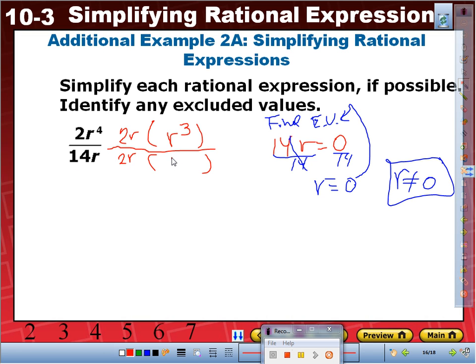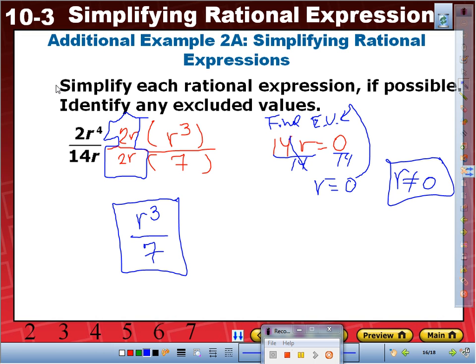What's left here? 7. Once we identify our GCF, we can divide out the GCF. Why can we divide it? Because this over that becomes what? And what is 1 times all this? All this. So we're left with R cubed over 7. This is simplified. This is my excluded value.